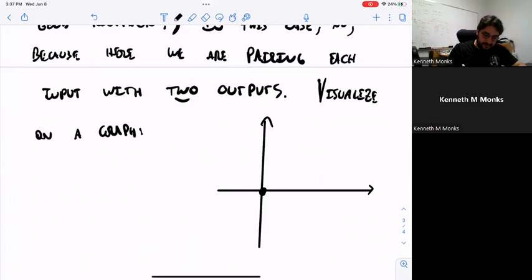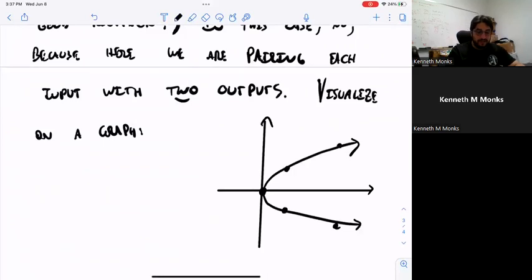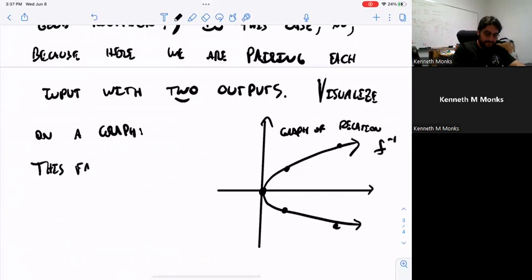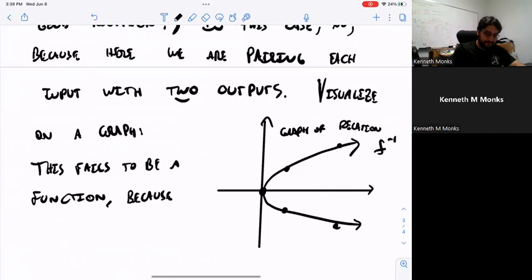Well, it looks like this: 0, 0, 1, 1, 1, -1, 4, 2, 4, -2. So this would be the relation. This is the graph of the relation F inverse. And now this fails to be a function, because we have inputs being paired with multiple outputs.